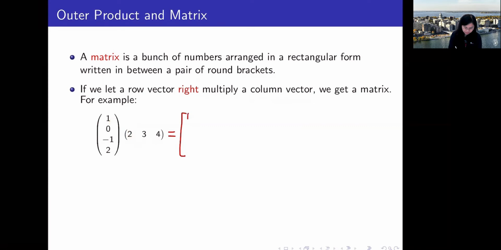So that's 1 times 2. And the first row, second column is obtained by multiplying the first row to the second column. And similarly for the first row, third column. There isn't a first row, fourth column because there is no fourth column for the vector on the right.